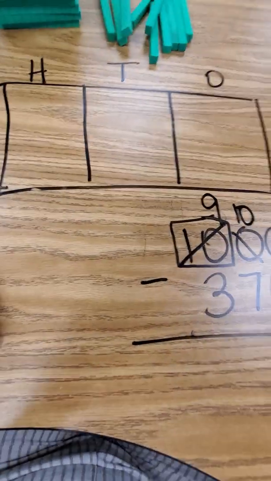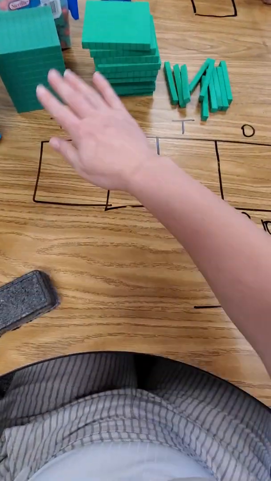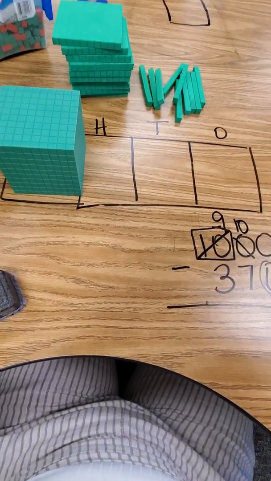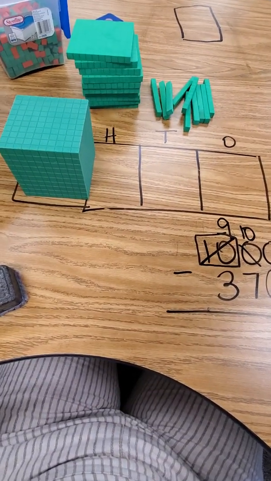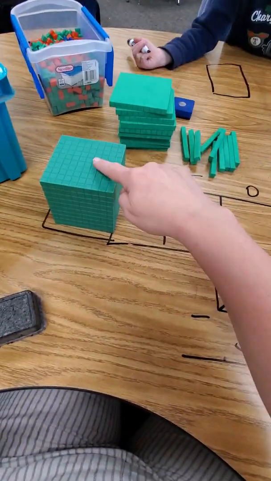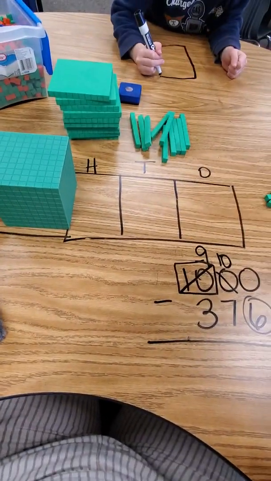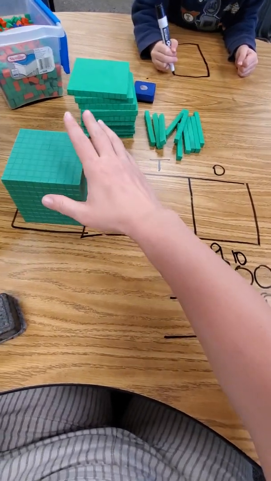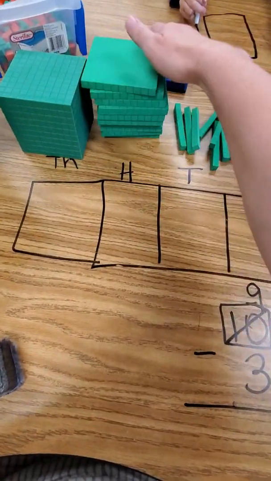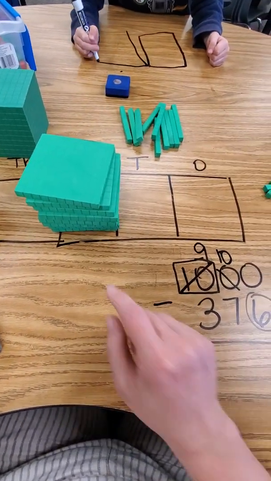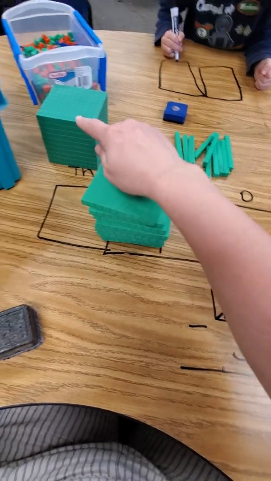Okay, what I just did for my kinesthetic learners is I took a thousands cube, and I said, can you give me 376 out of this giant cube? No, you cannot. So you have to do some exchanging. So what I modeled here is I took this away. Essentially, I traded it for 100 flats, which is still 1,000.